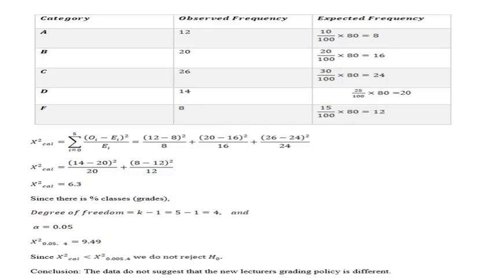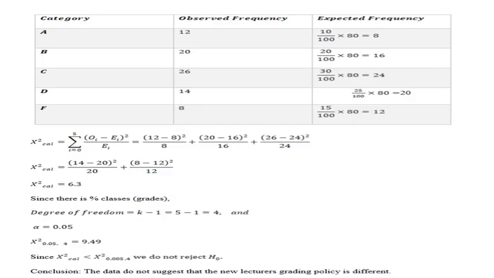For 12, that will be 12, the observed frequency, minus 8, which is our expected frequency, all squared over expected frequency, plus observed frequency for category B minus expected frequency for category B, all squared over expected frequency for category B. Then for category C, it will be the observed frequency, 26, minus the expected frequency, 24, all squared over our expected frequency, 24. We'll do the rest, and at the end of your calculation, your chi-square calculated will be 6.3.